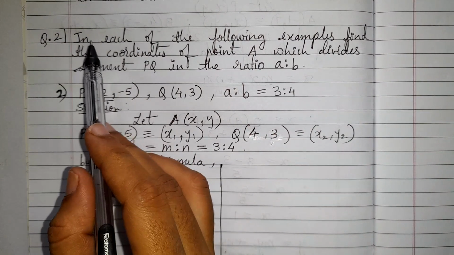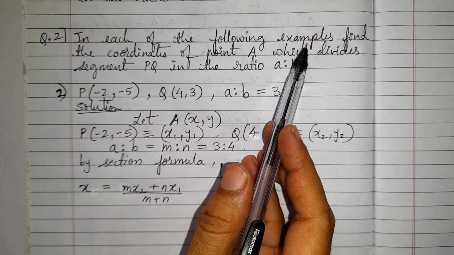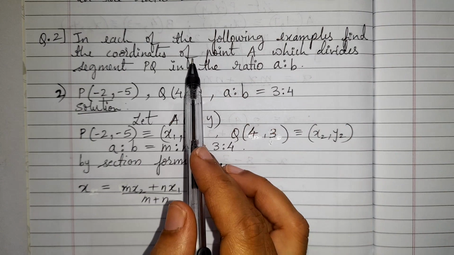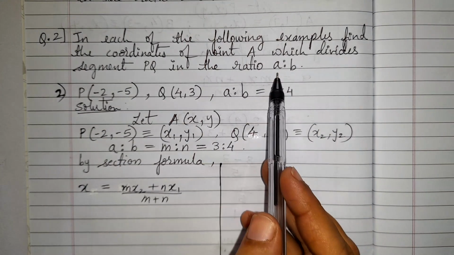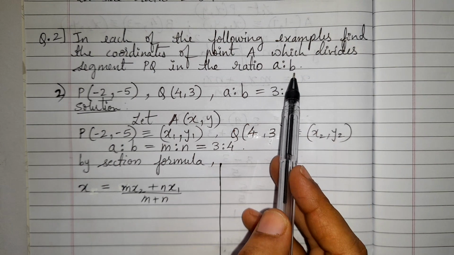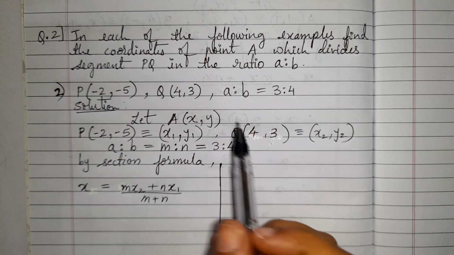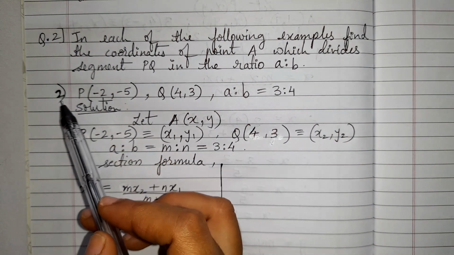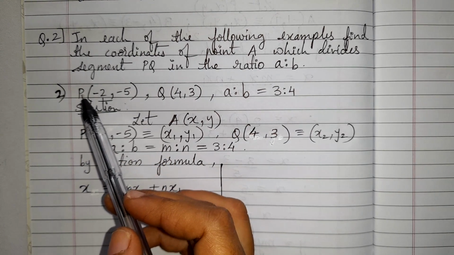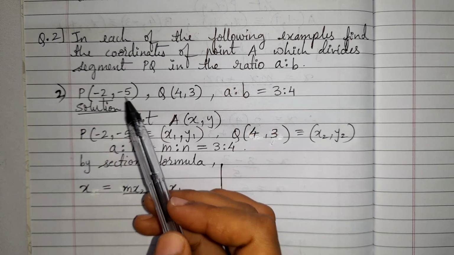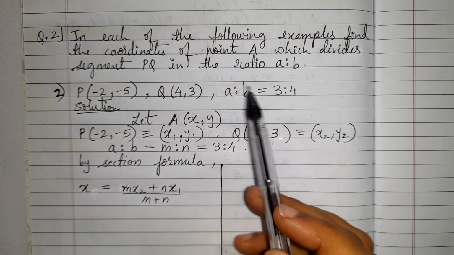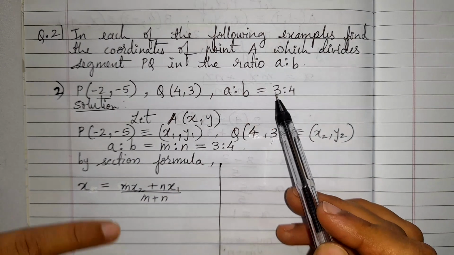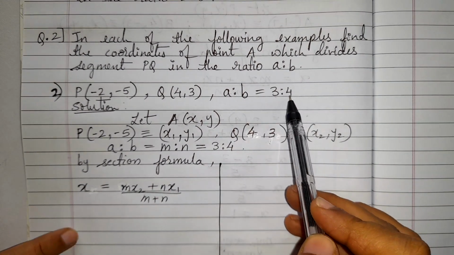Question number 2. In each of the following examples, find the coordinates of point A which divides segment PQ in the ratio A is to B. 3 questions are given in question number 2. The second question, coordinates of point P (-2, -5), point Q (4, 3) and A is to B equals to 3 is to 4.